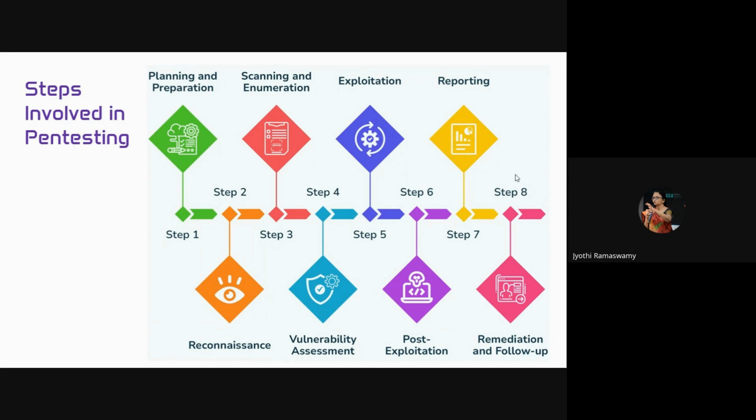And then that report has to be given to the risk owner or the network team or the server team or the infrastructure team of the organization for them to come out with a remediation plan and a follow-up plan. So the report of penetration testing is given to the organization. Generally, penetration testing is done by a third party, by another organization, right?